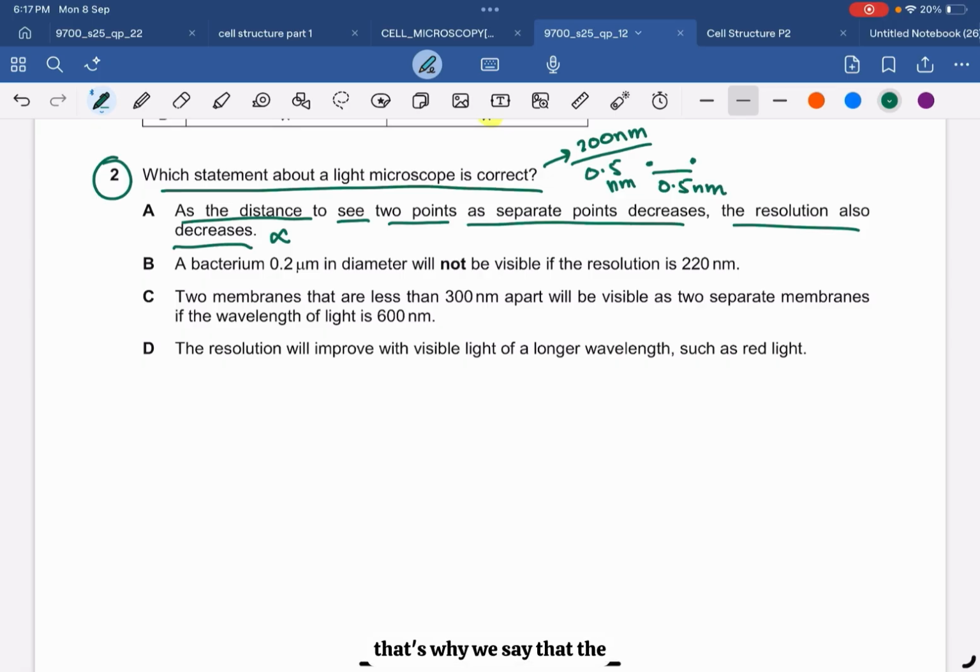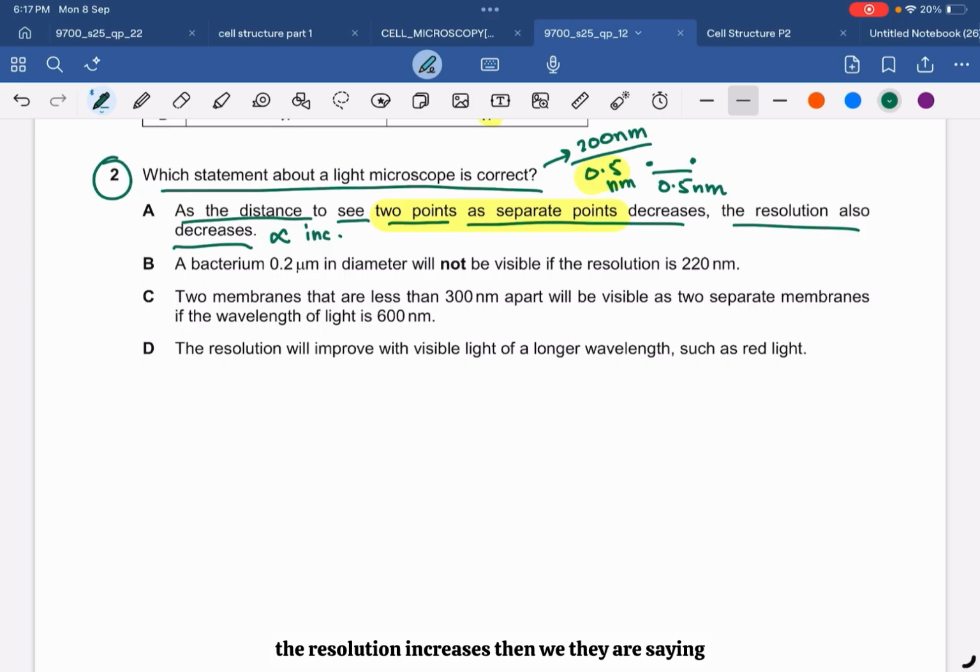That's why we say that the electron microscope has a higher resolution compared to the light microscope, because we are able to see the 2 points as separate points. So as the distance to see the 2 points as separate points decreases, the resolution increases.